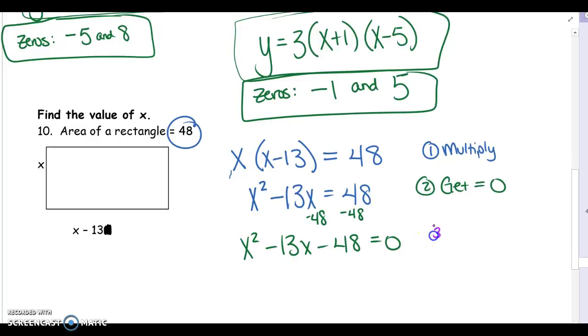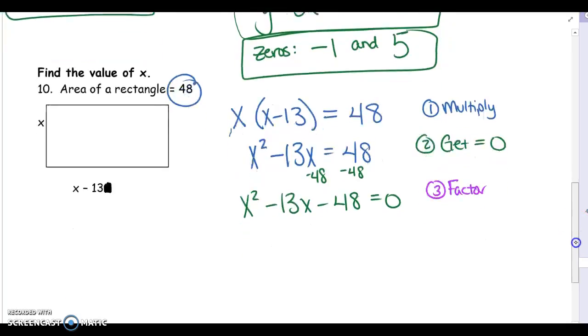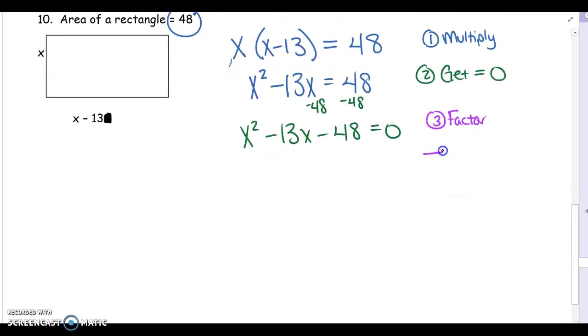Your next step is going to be to factor. So we are looking for two numbers whose product is negative 48 and whose sum is negative 13. This one's a little harder, but some of you have it already. 3 and negative 16.